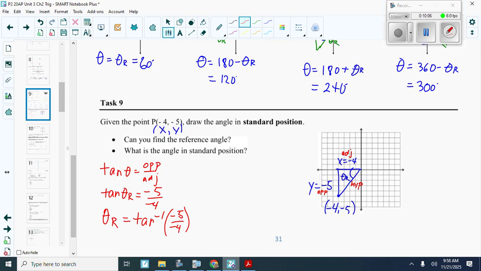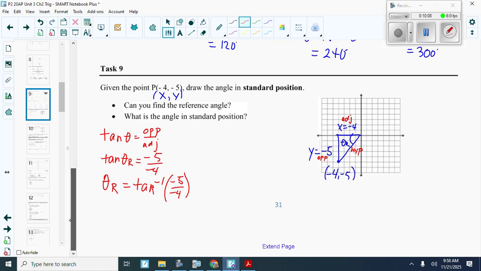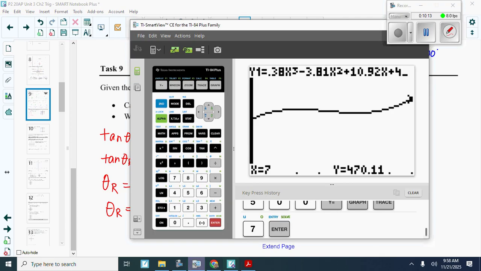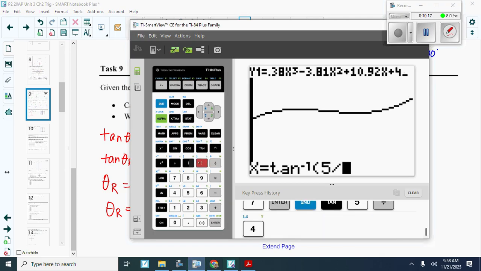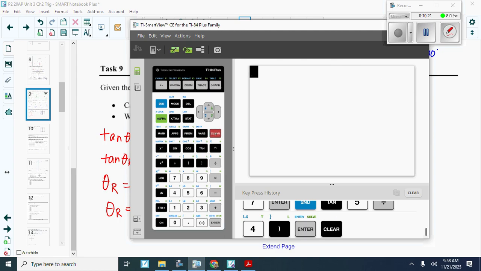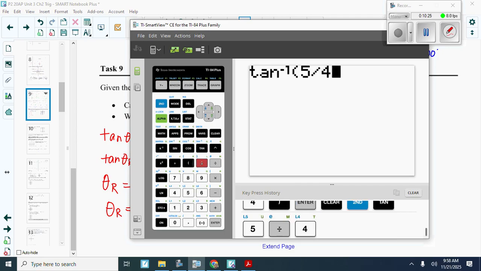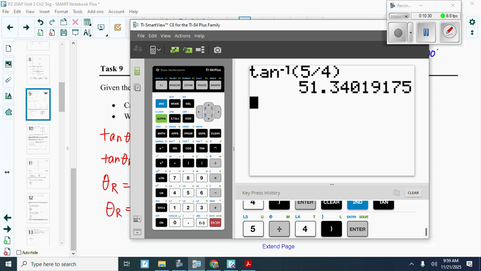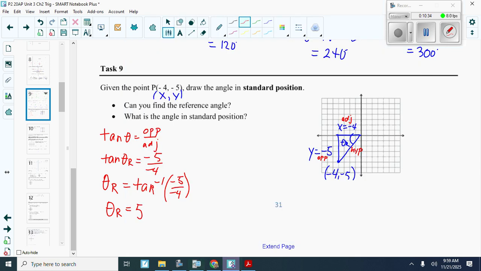So our reference angle is inverse tan of 5 divided by 4. Did you get 51.3 degrees? Let's do it to the nearest degree, so let's round it to 51. Nearest degree is fine, guys.